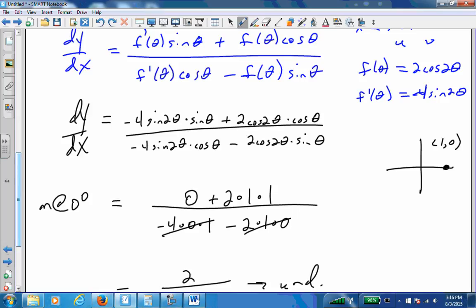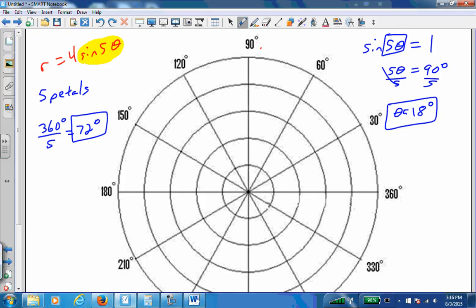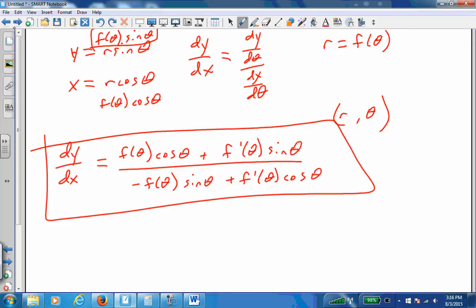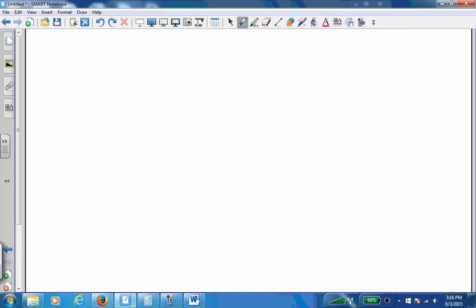Now, other things that we're interested in is to find out when we have tangent lines at the pole. Yeah. So basically, when does our tangent line go through the origin?